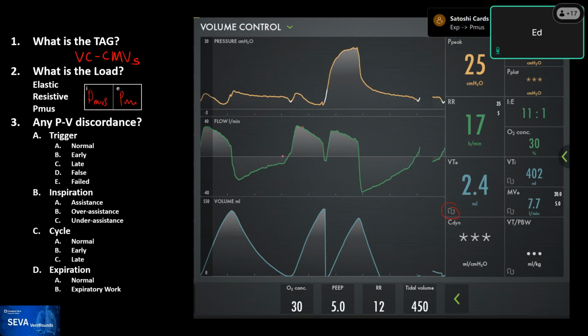During expiration, there seems to be also PMOS. And this is a classic one in which instead of having the exponential decay, you see, so compare this one, which got truncated, but you can see an exponential decay, with this one, in which it has this bulging away from the baseline that tells you that there's PMOS, the patient is actively exhaling. So it's all PMOS, and it's hard to see.